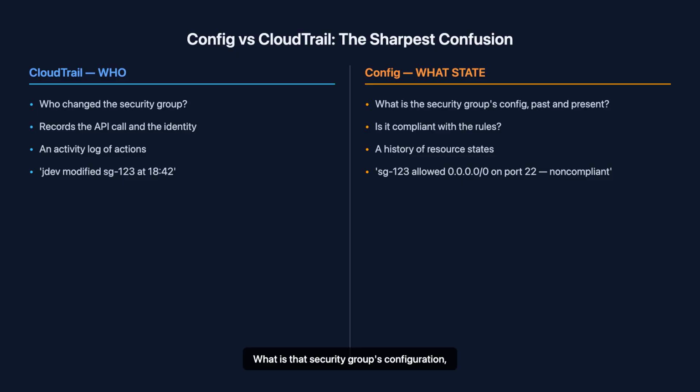What is that security group's configuration, both now and in the past? And is it compliant with the rules? It's a history of resource states, like SG123 allowed traffic from anywhere on port 22, and that's non-compliant. They're complementary, not interchangeable. CloudTrail tells you who pulled the trigger. Config tells you what the resulting configuration looks like and whether it breaks policy.